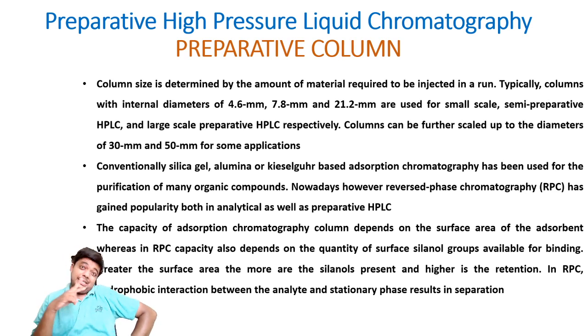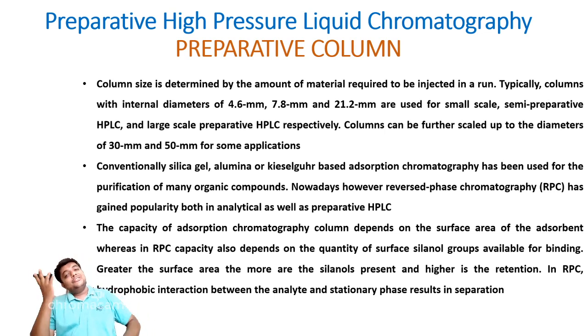So in both cases, for an adsorbent, for a reverse phase stationary phase, the more the surface area, the more the binding and the more the retention time. The more the silanol groups, the more the binding and the more the retention time. Greater the surface area, more are the sites present and higher is the retention.